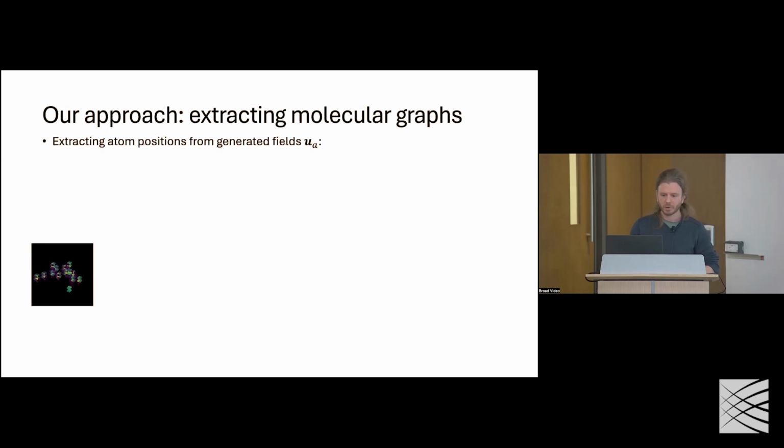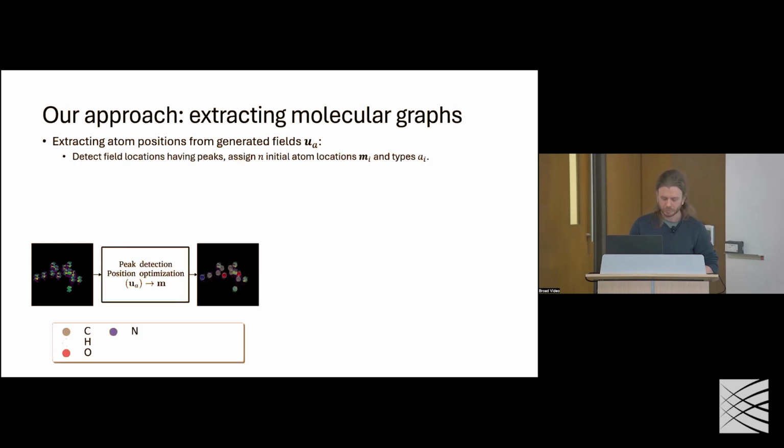First, to do this, we look at the atom fields, and we detect field locations that have high enough peaks and assign the number of atoms and rough locations M for each atom type based on a threshold-based algorithm, which is a very efficient, relatively simple algorithm. After this, our rough initial atom positions, of course, are not good enough. We want to actually optimize them.